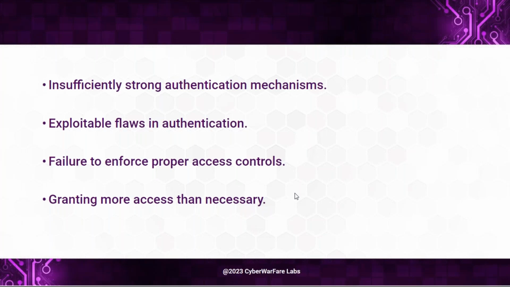Next one, exploitable flaws in authentication. There are weaknesses in the security systems of several APIs that verify the identity of users or applications trying to access an API. These vulnerabilities can be exploited by attackers to gain access to the API or the database of transaction records or something like that, even if they shouldn't be allowed in.